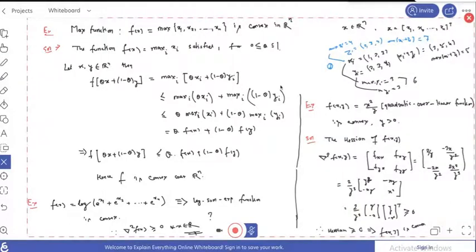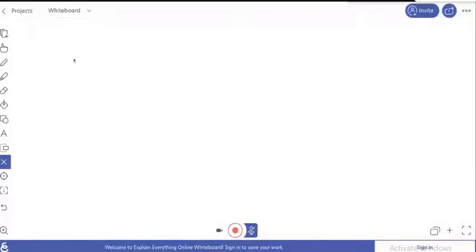We define two special types of function, and that is the graph of a function. Next page, we define epigraph and hypograph.